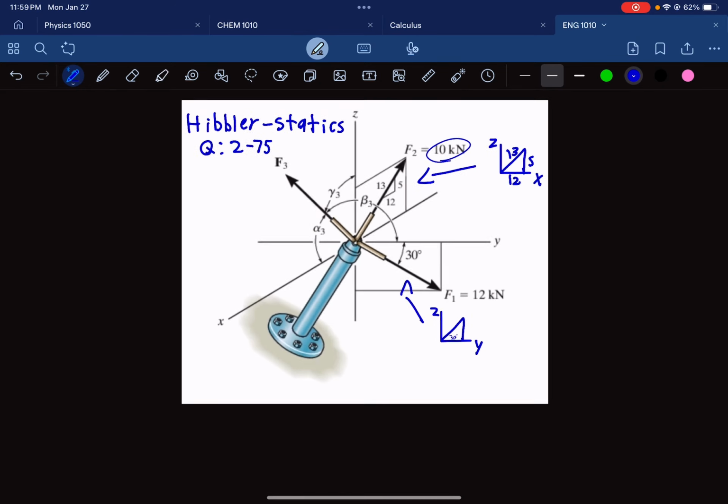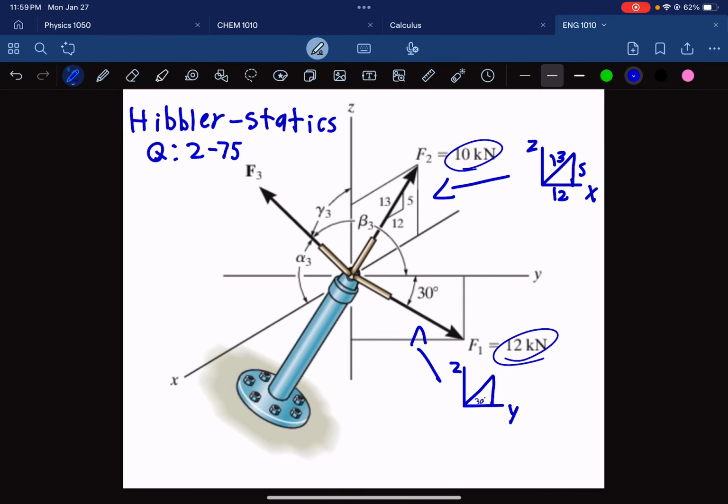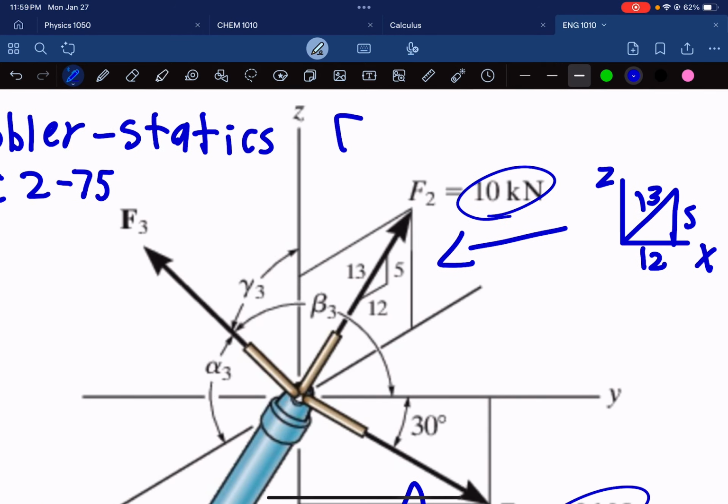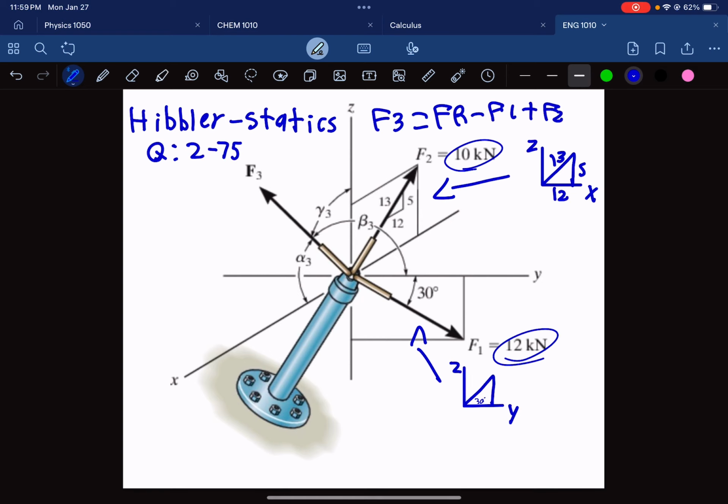Obviously, you have these we need, and we need this. And from this, and then this formula here, we can solve. So we'll go to the next page and write out our Cartesian coordinates.